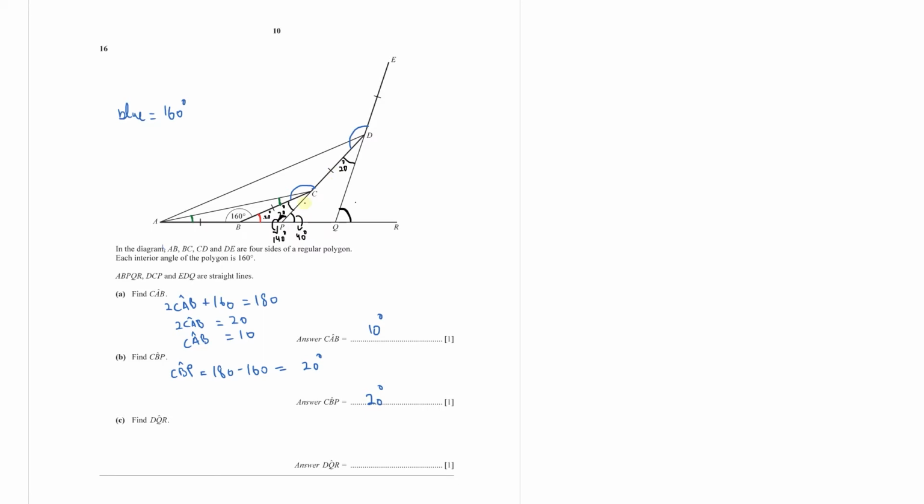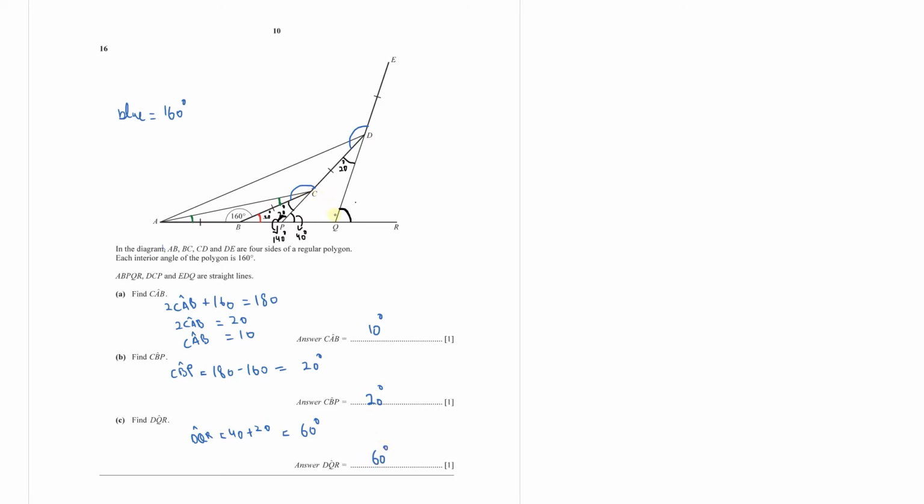Since this is an exterior angle, we can use the property that the exterior angle of a triangle equals the sum of the two opposite angles, which are 40 and 20 in this case. So angle DQR would be 40 plus 20, which equals 60 degrees.